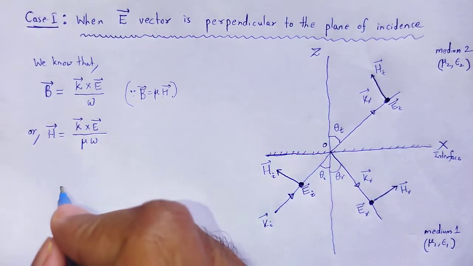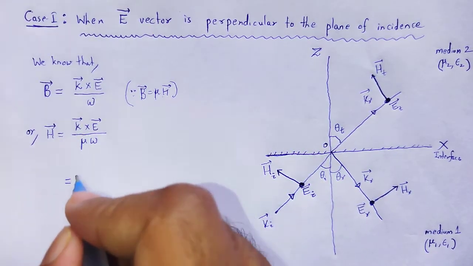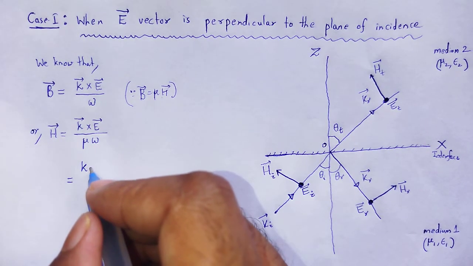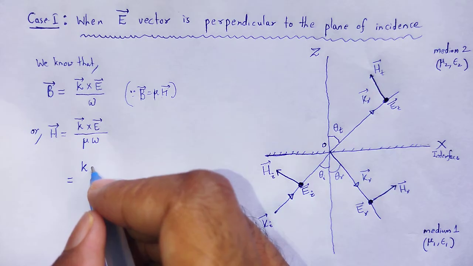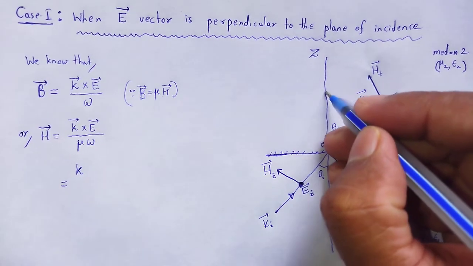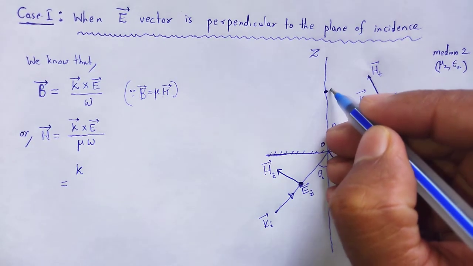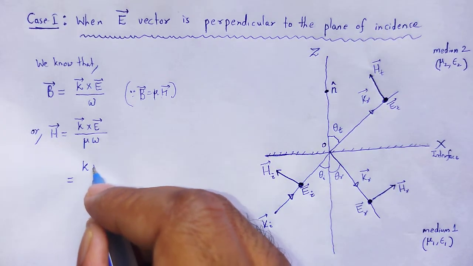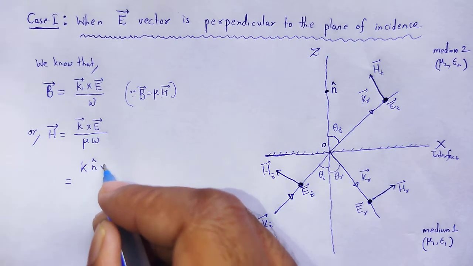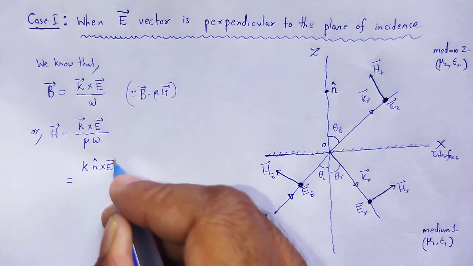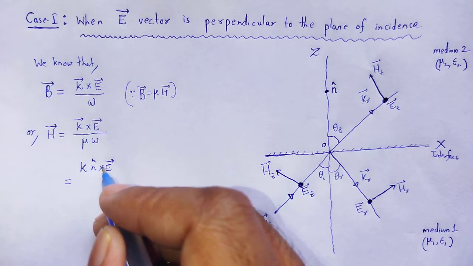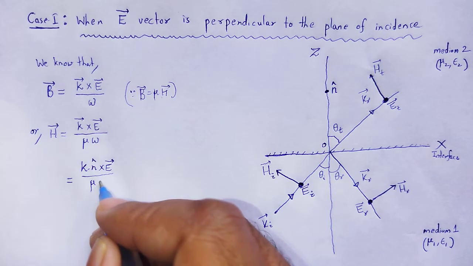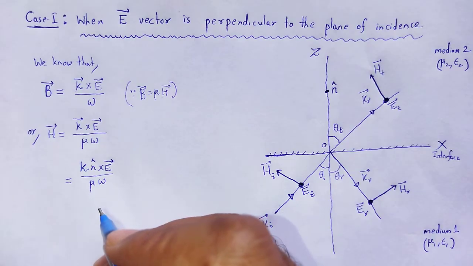In place of K vector, its magnitude and the unit vector along that direction, n cap, cross E vector divided by mu omega.